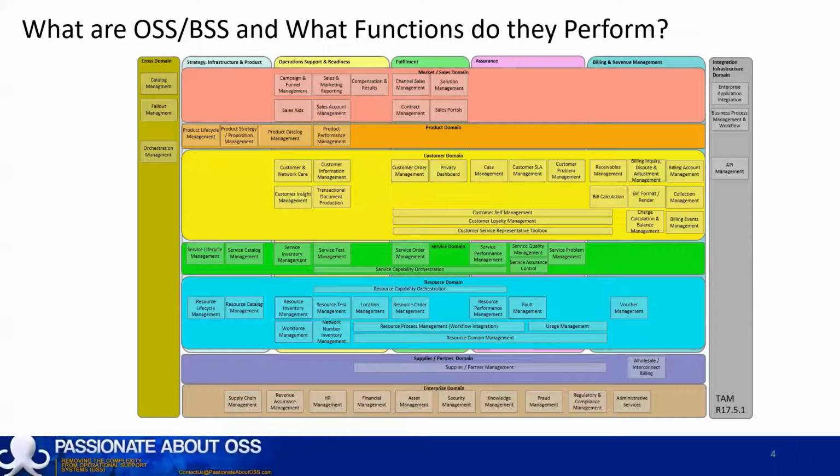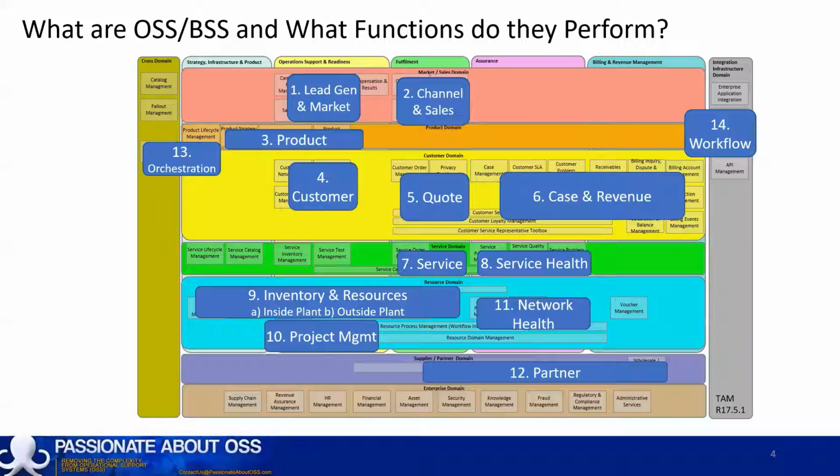But when we talk about OSS BSS for smaller carriers, internet service providers, utilities, or enterprise customers, there's a need for a smaller application footprint and the corresponding budget. As such, I tend to use my own clumping of functionality to represent some of the key product categories available on the market for these mid-tier customers.